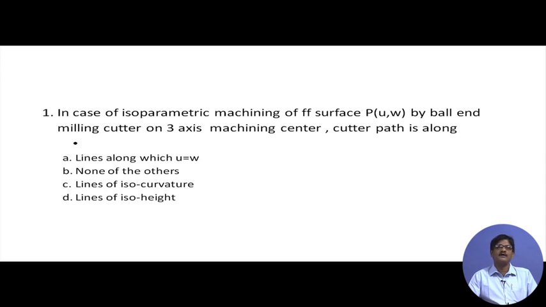Why? Because in case of isoparametric machining, the cutter paths coincide with the isoparametric lines, not iso curvature, neither iso height. Isoparametric lines mean along which one of the parametric values will be constant. We have had discussion on this in previous lectures.